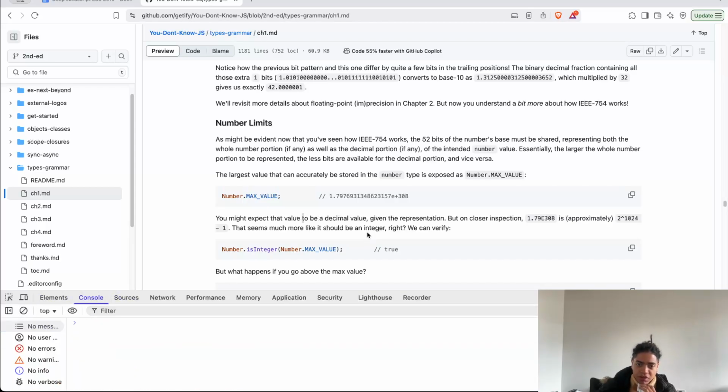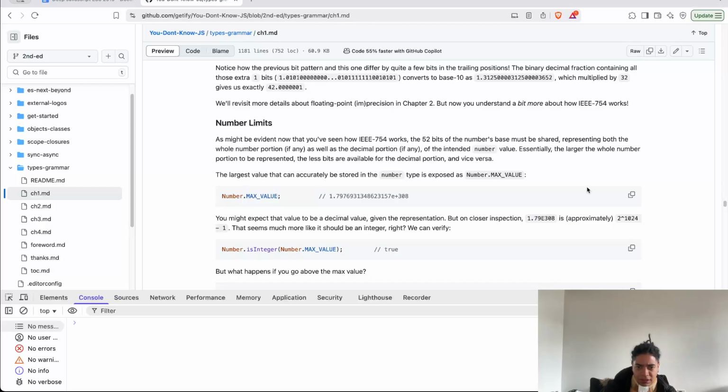You might expect the value to be a decimal value, given the representation, but on closer inspection, E308 is approximately 2 to the power of 1024. That seems much more like it should be an integer, right?